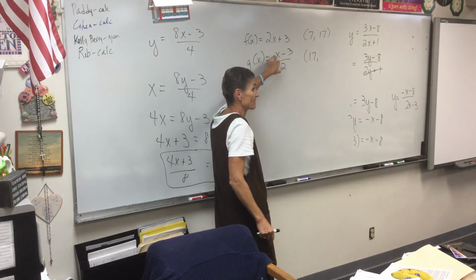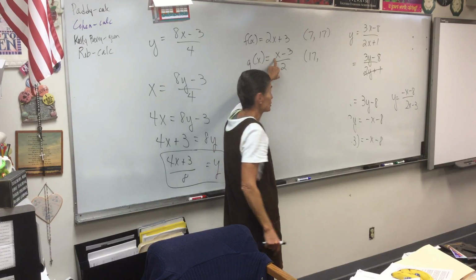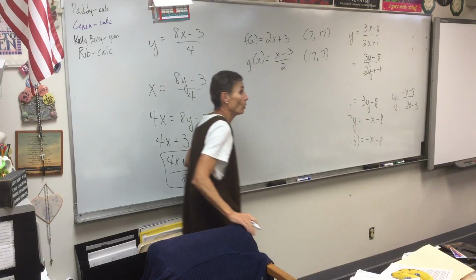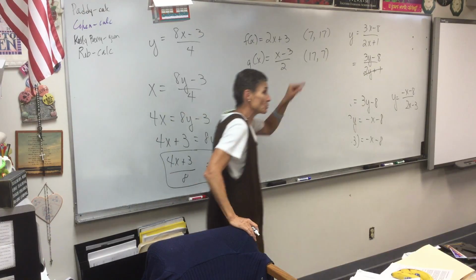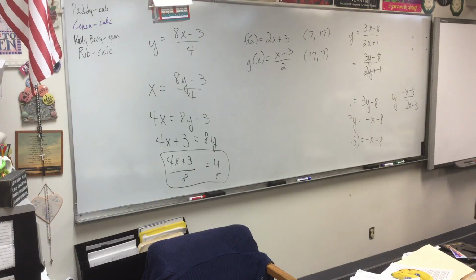What happens when I put 17 in here? I get 14 over 2, which is 7. Are they inverses? Yes. Why? Because when I put in 7, I got 17, and then when I plugged in 17, I got my 7 back. That's the reason they're inverses.